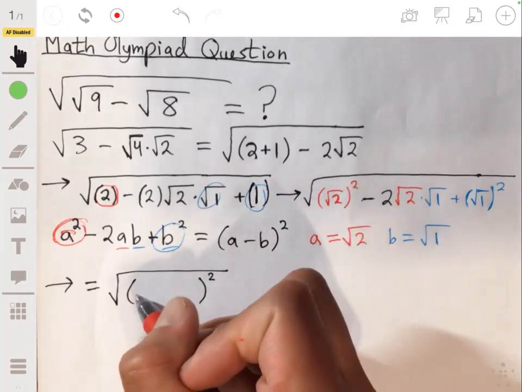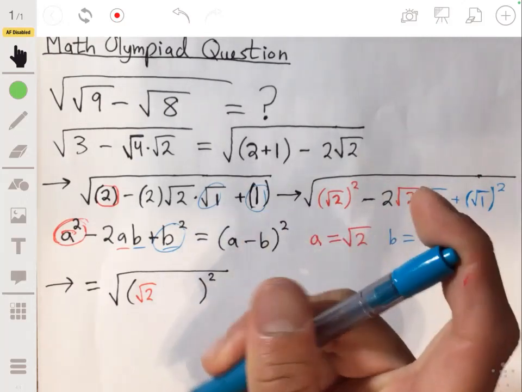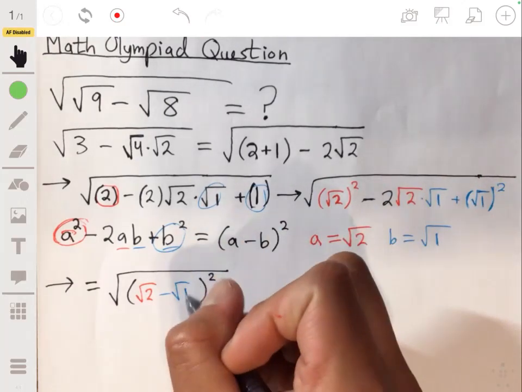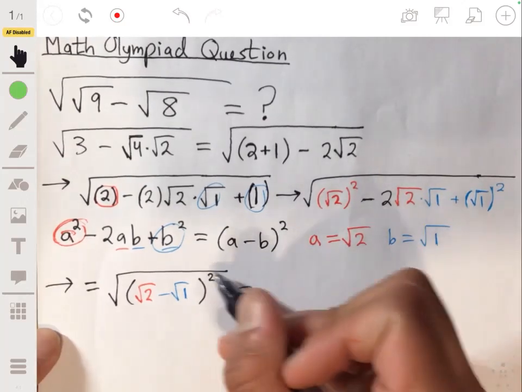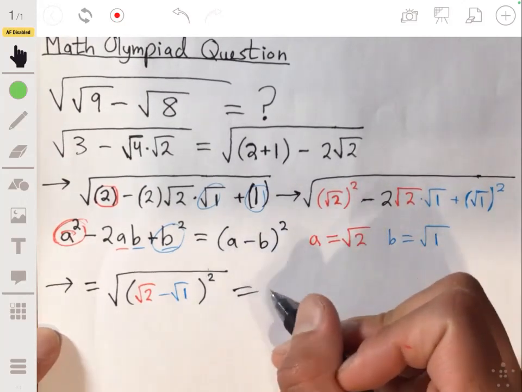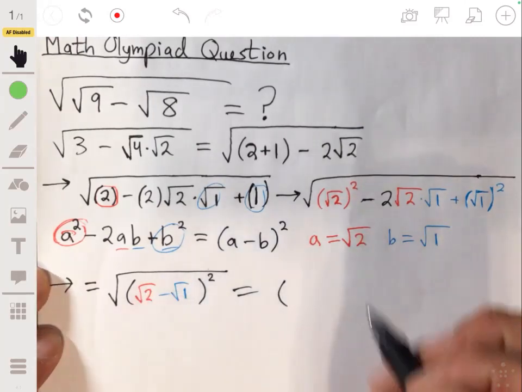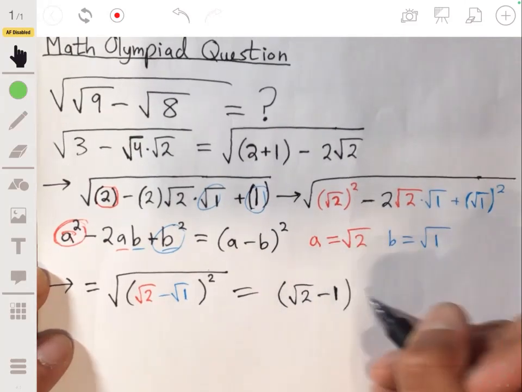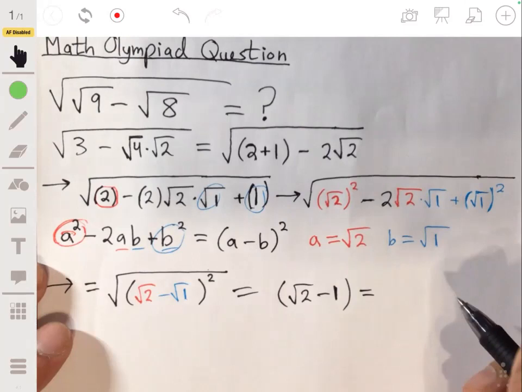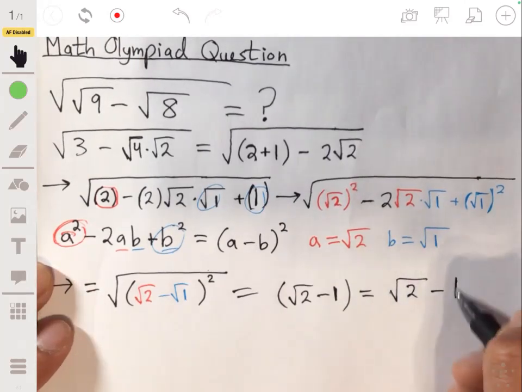So a is the square root of 2, b is the square root of 1, and then the square root and that power of 2 cancel, and you have the square root of 2 minus the square root of 1, which is just 1. And that'll just be your answer.